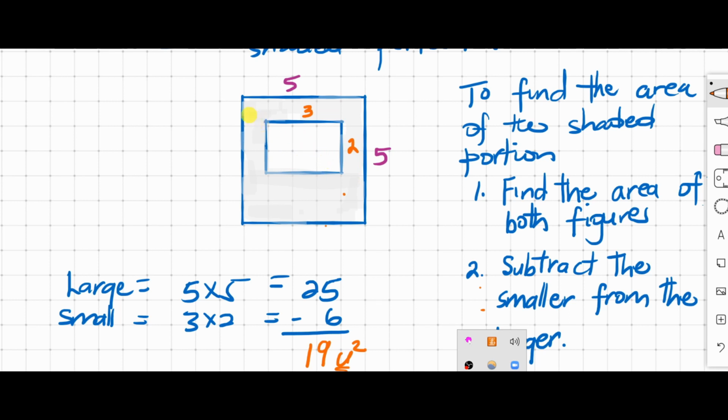So the area of the shaded portion, let's see, 1, 2, 3, 4, 5, 6, 7, 8, 9, 10, 11, 12, 13, 14, 15, 16, 17, 18, 19. All right, so we can count it again. Let's see if we can put the dots in. 1, 2, 3, up to 19.